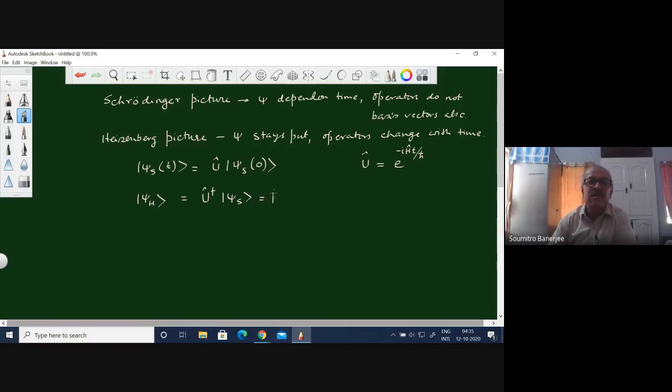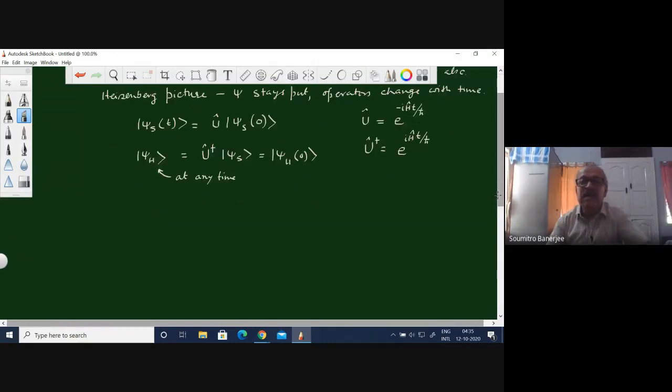So this is equal to psi at any point in time, and this is at 0. So psi does not change, and our U dagger was e to the power positive i H operator t by h cross. This is what we learned.